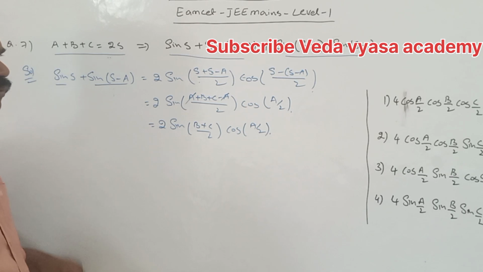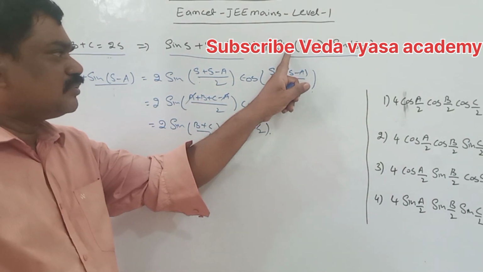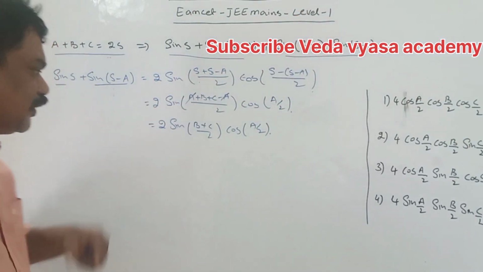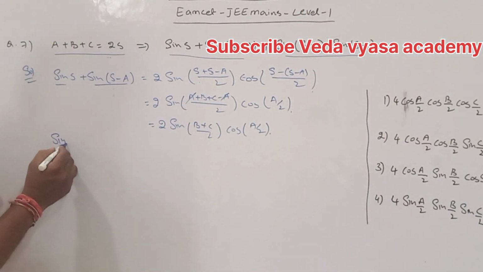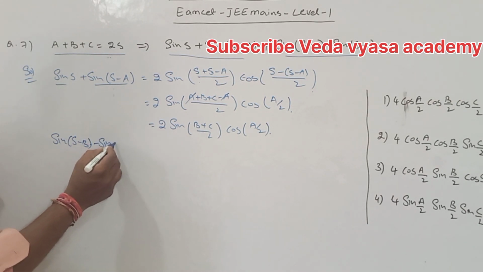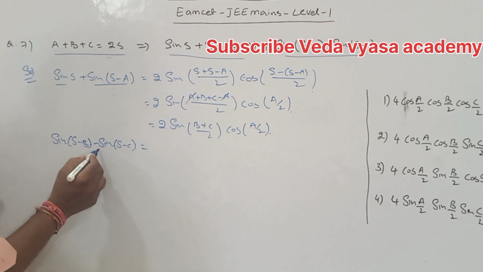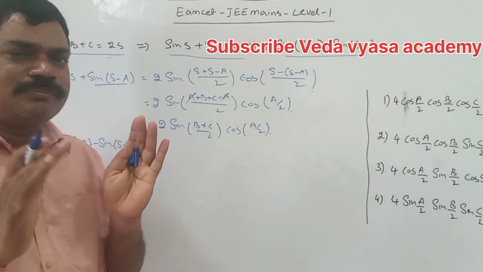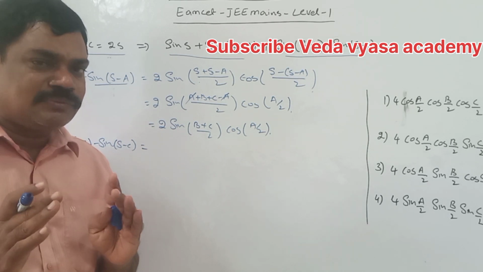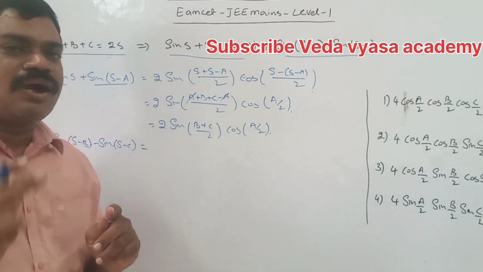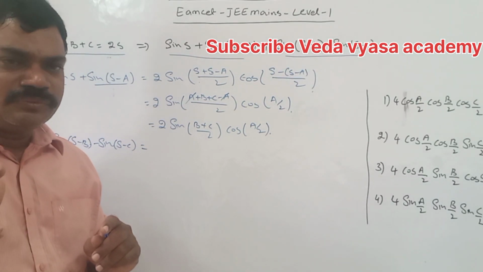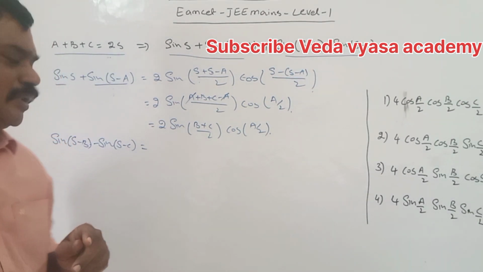Okay, next one: sin(s minus b) minus sin(s minus c). You take sin(s minus b) minus sin(s minus c). This is in the form of sin C minus sin D. Sin C minus sin D is equal to 2 cos of (C plus D)/2 into sin of (C minus D)/2.